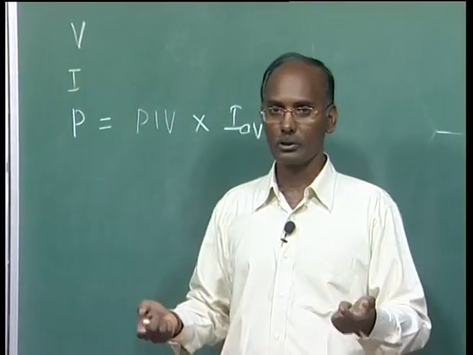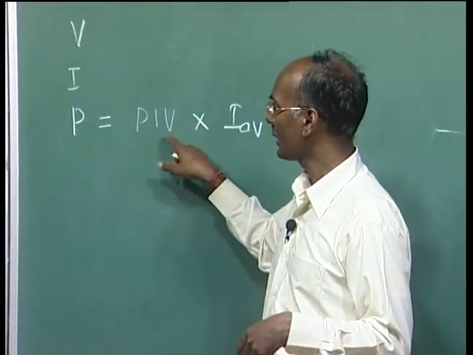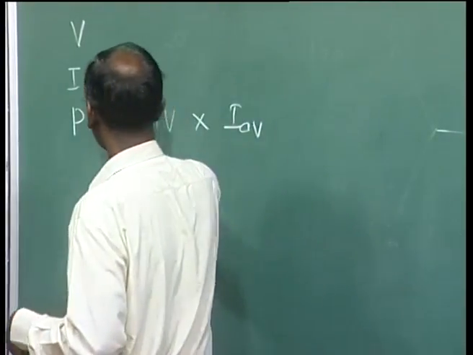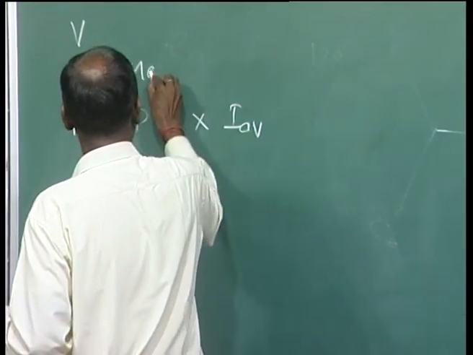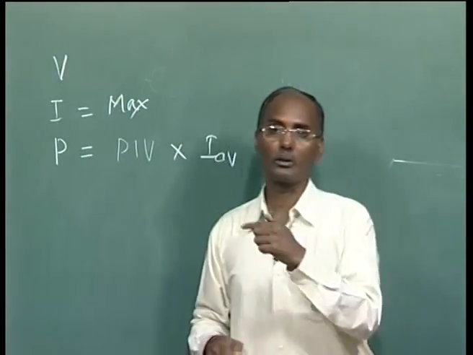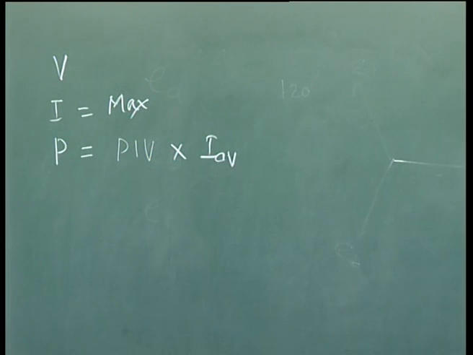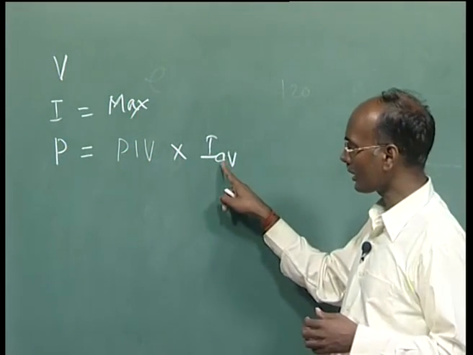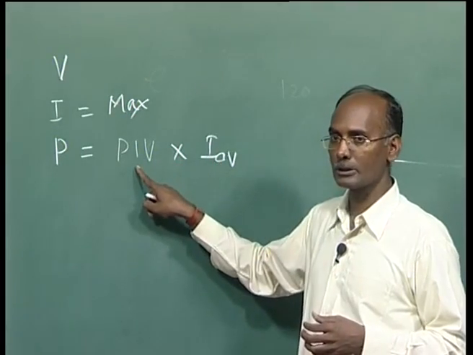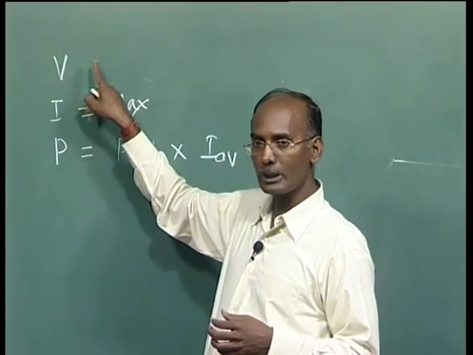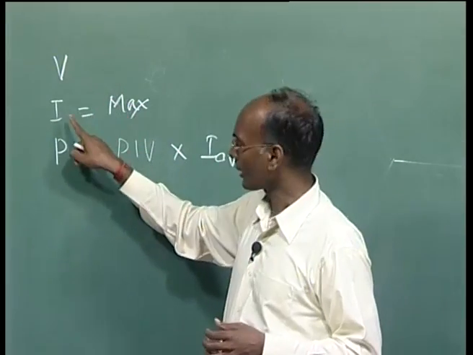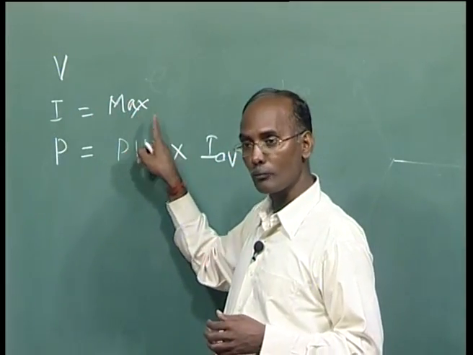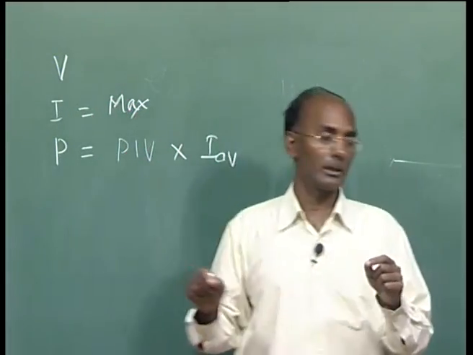The current rating is the maximum current flowing through the valve. So, the volt ampere rating is the average current multiplied by the peak inverse voltage, the voltage rating is the peak inverse voltage rating, and the current rating is the maximum current flowing through the valve.